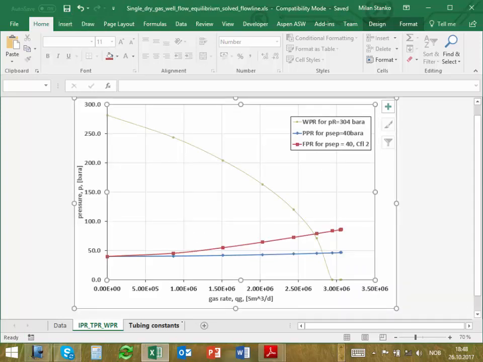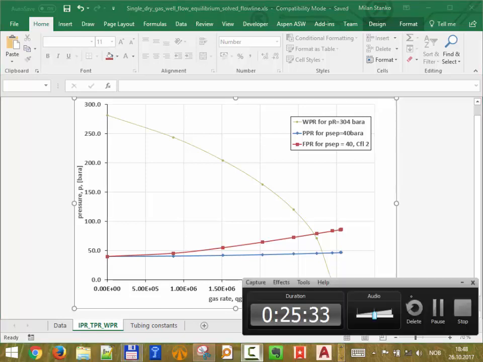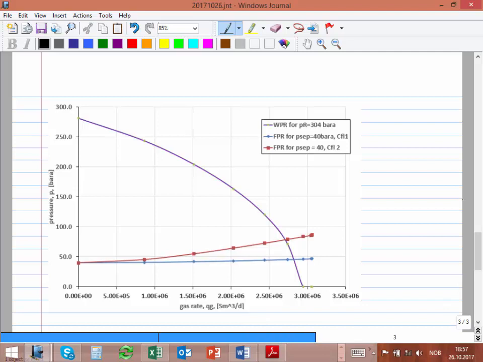Okay, I'm going to give you some more time so that you can finish and compare. Okay, so this one probably is a flow line with big diameter, and this is a flow line with small diameter.